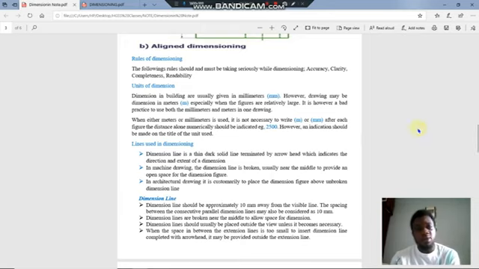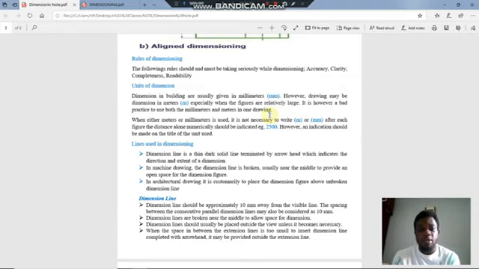Okay, unit of dimensions. Dimensions in buildings are usually given in millimeters, like we usually use in our classes. All dimensions are in millimeters unless otherwise specified. However, a drawing may be dimensioned in meters, especially when figures are relatively large.